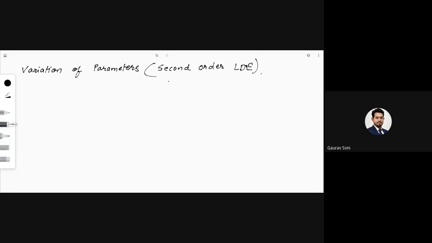So a second order linear differential equation of degree 1 looks like a d2y by dx square plus b dy by dx plus c y is equal to capital X.